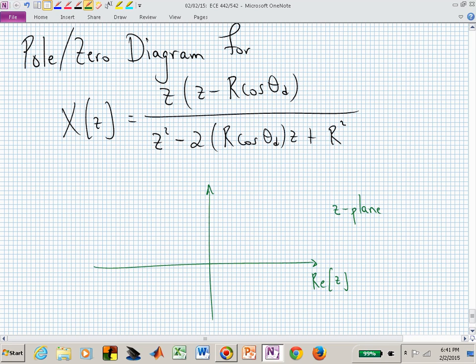Suppose that r is less than 1, and theta sub d is, I don't know, 30 degrees. It's probably in radians, but let's say 30 degrees. Can you put any poles or zeros down?